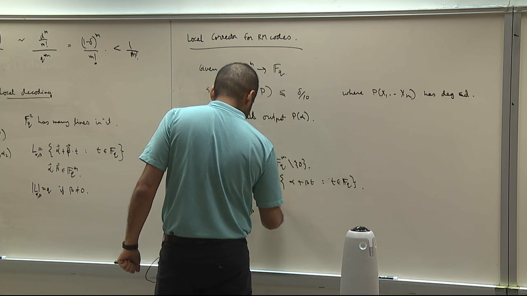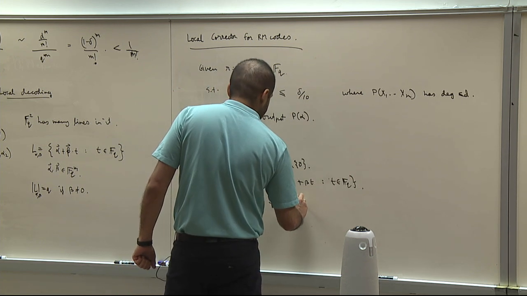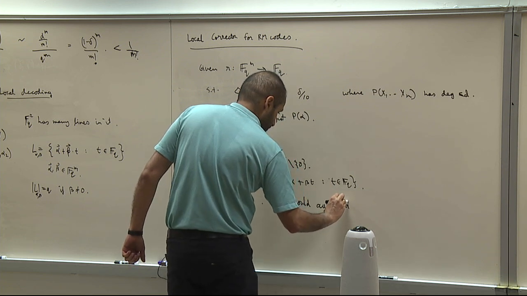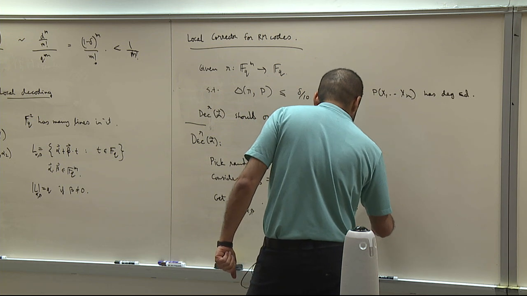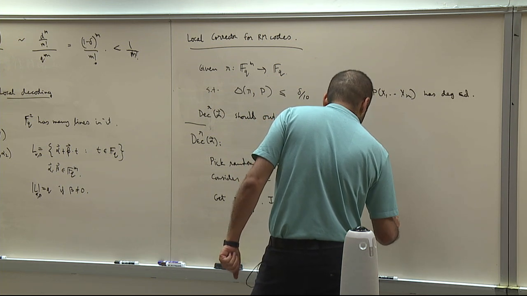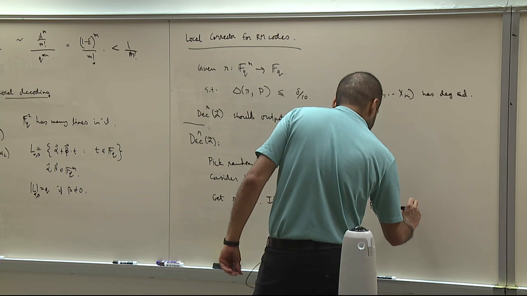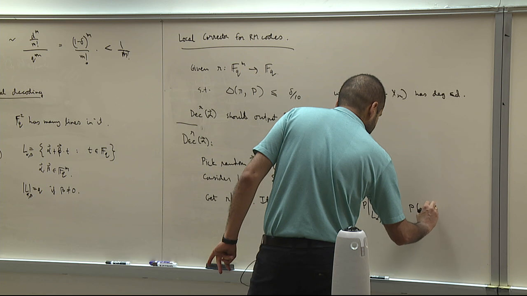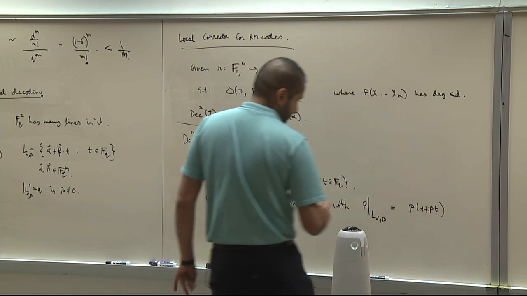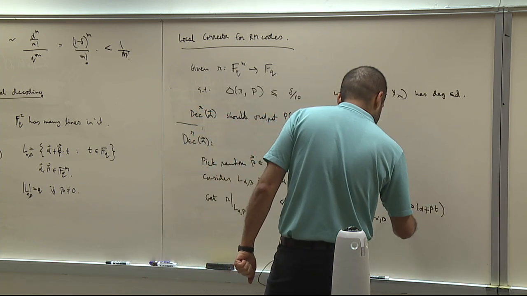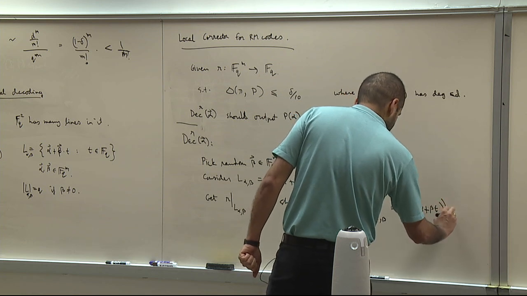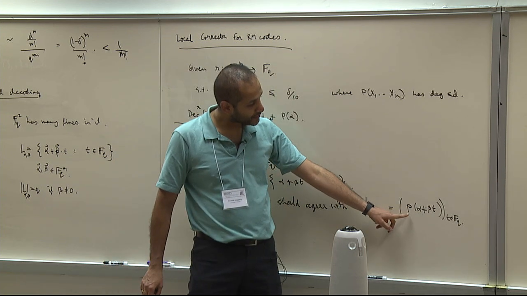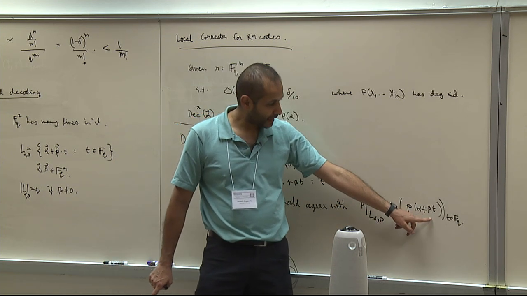It should agree, in case there were no errors, with P restricted to L alpha beta, which is P of alpha plus beta t as t varies. These are evaluations of this polynomial of total degree d at these points on the line.